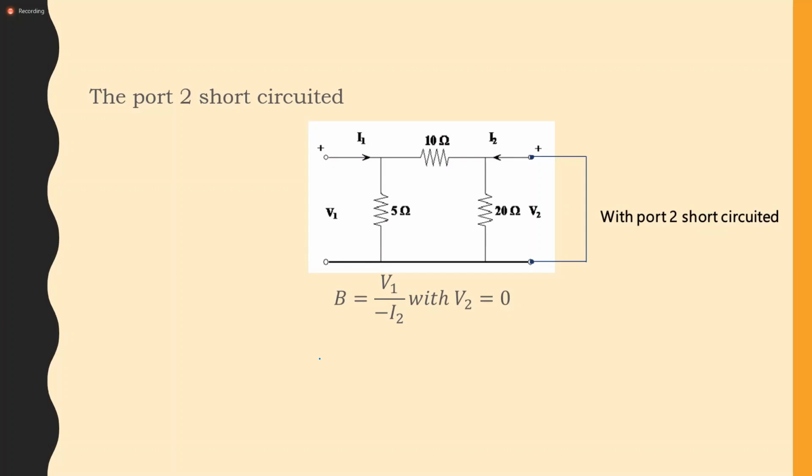If that is the case, what is the relationship between V1 and minus I2, based on the circuit before you? What connects them?